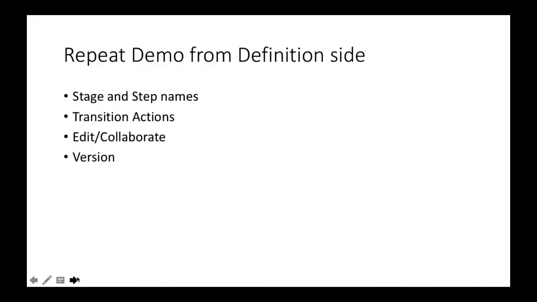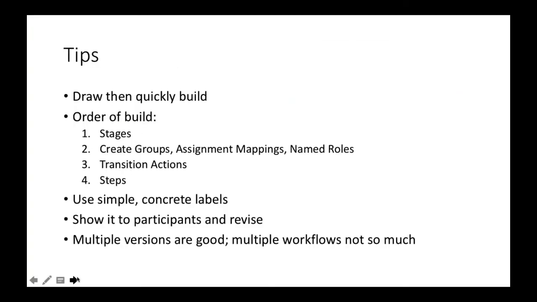Okay. Some tips. You want to draw it and then quickly build it so that you can see it. I like to build in this order, stages first, and then I pay attention to my groups, my assignment mappings, my named roles, then I build my transition actions, then my steps. The steps consume 3 and 2, so I like to have those ready and built for me.